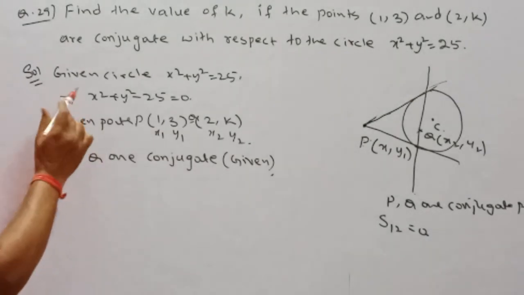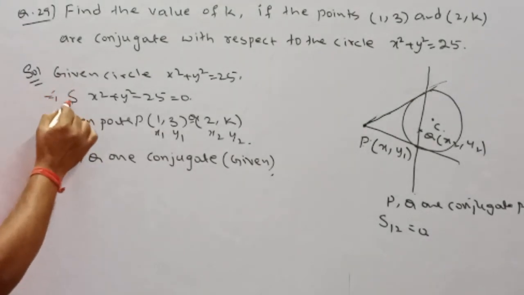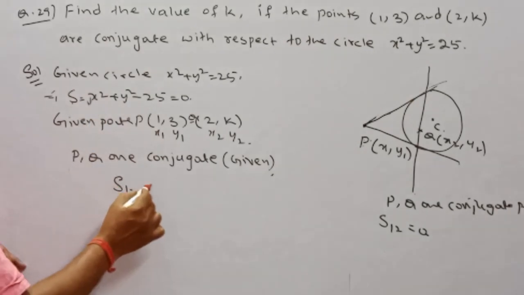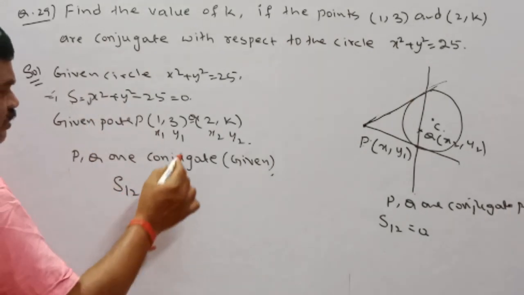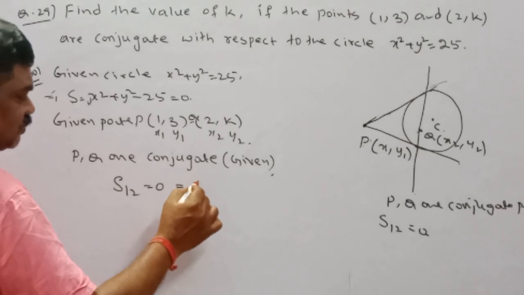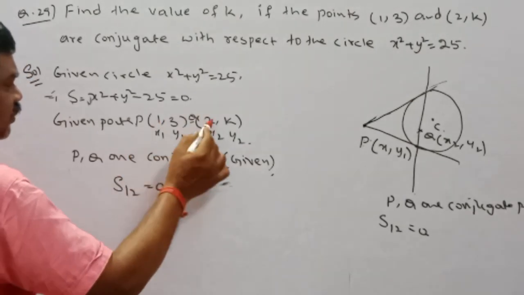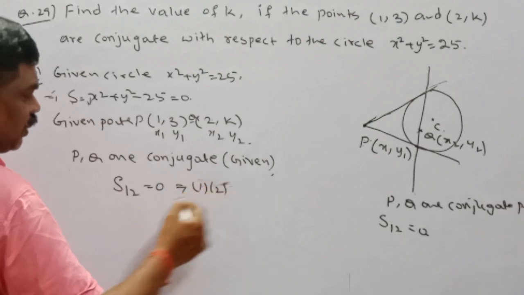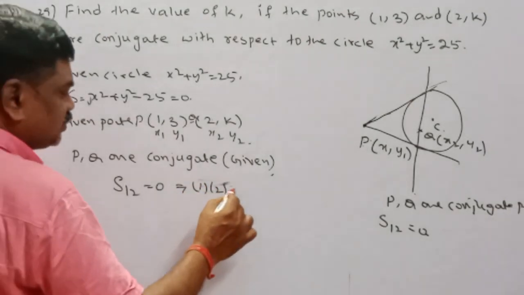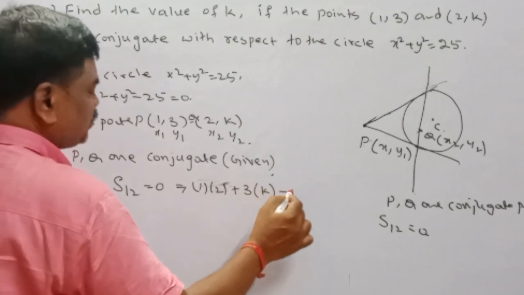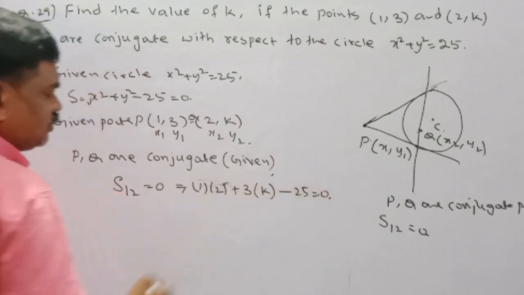Then for the circle S = 0, S12 = 0. That is 1 into 2 plus 3 into k minus 25 = 0.